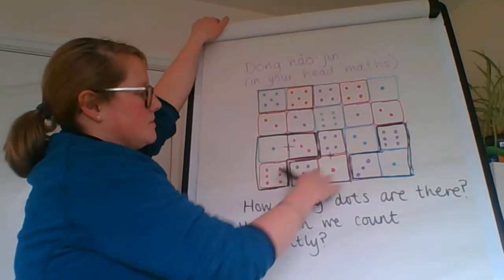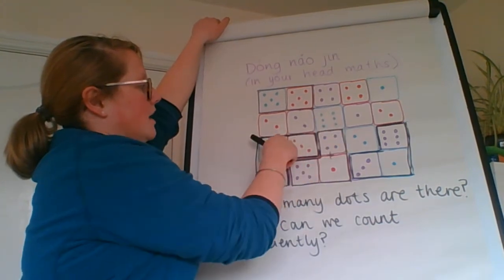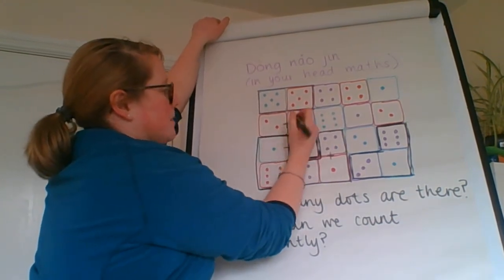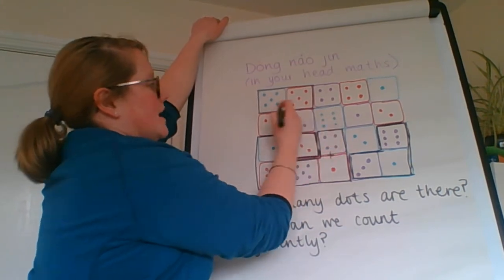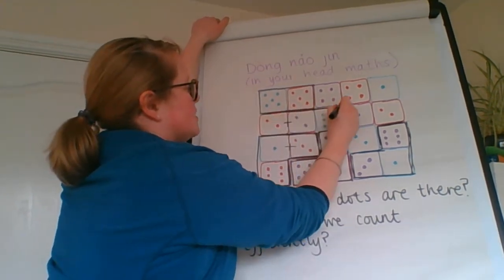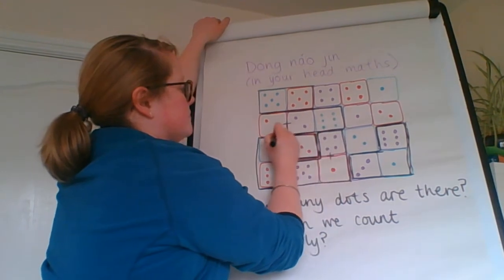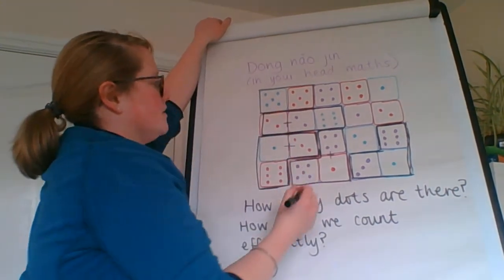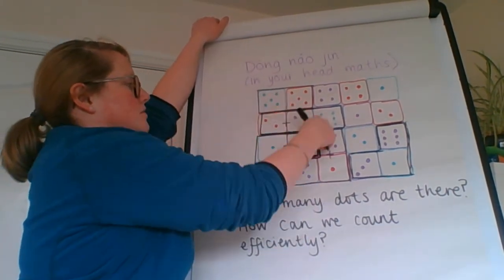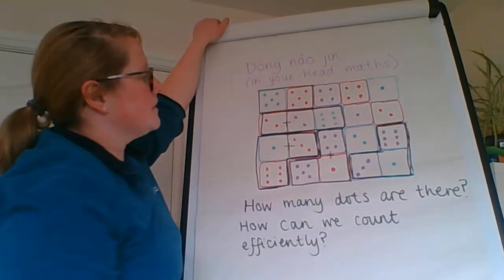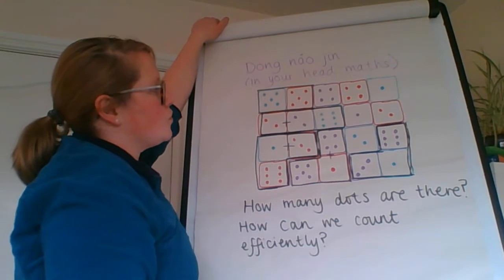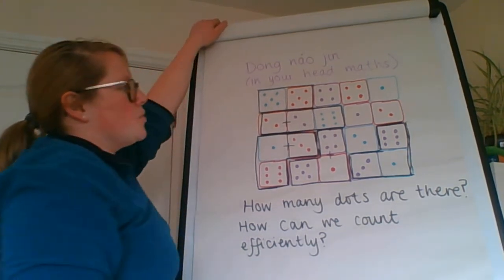Now, because I've used up this section, I'm going to have a look across here. 2 add 2 makes 4, add 6 is 10, so that's another 10 I can do. So that's 1, 2, 3, 4, 5.